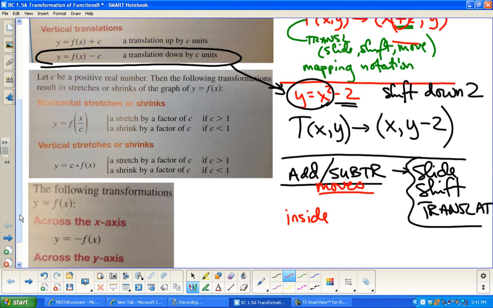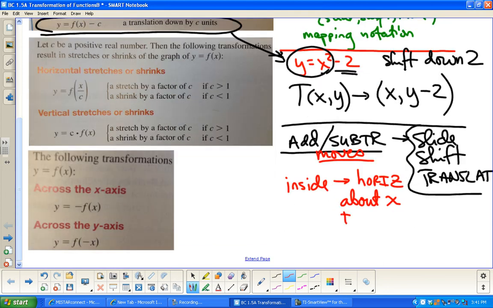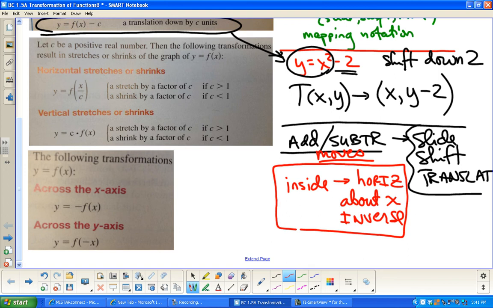If it's inside, it affects things horizontally. It's about x. Okay, it's with regard to x. And lastly, it is inverse to what you would think. So when it's addition, it's really subtraction towards the negatives. When it's subtraction, it's really addition toward the positives. Okay.